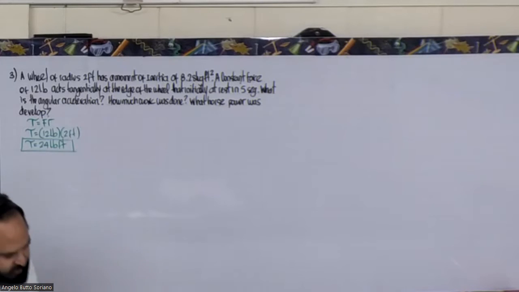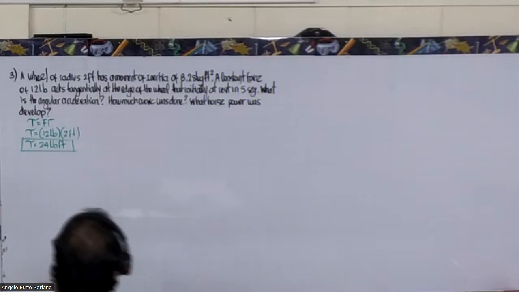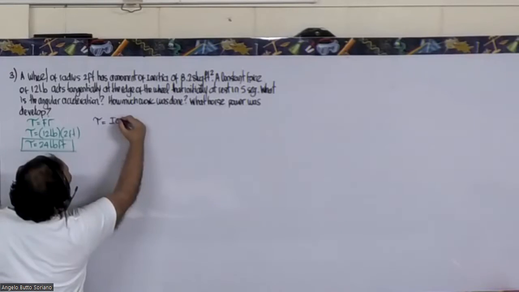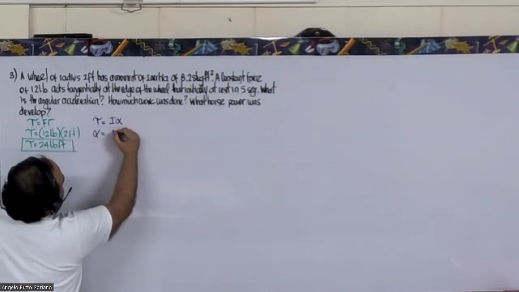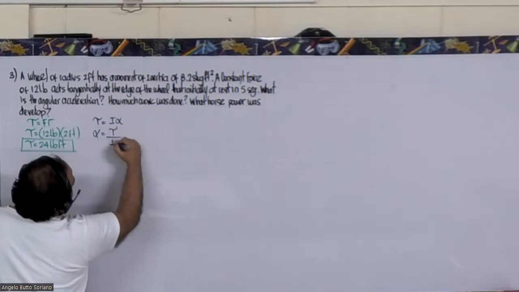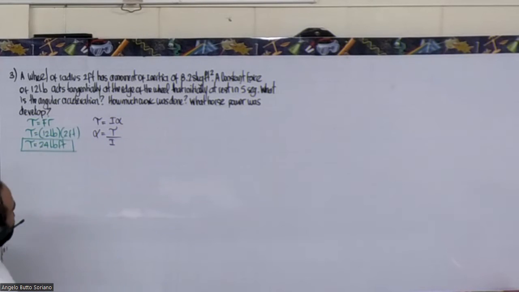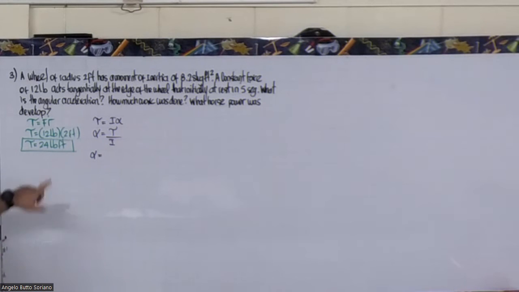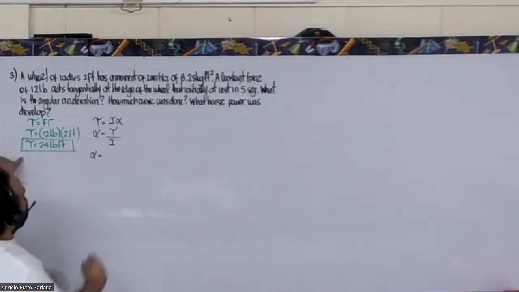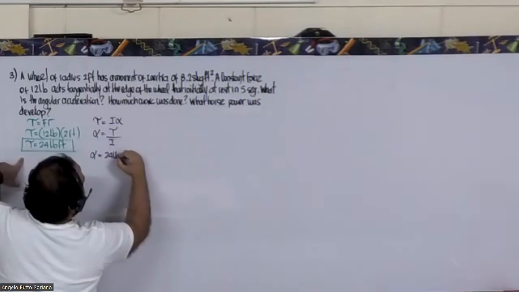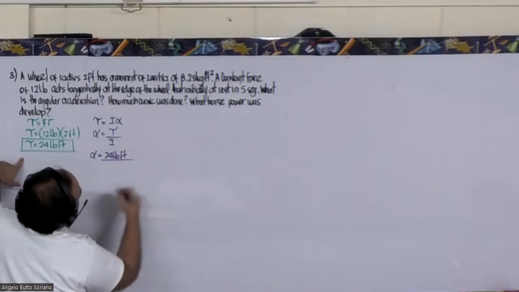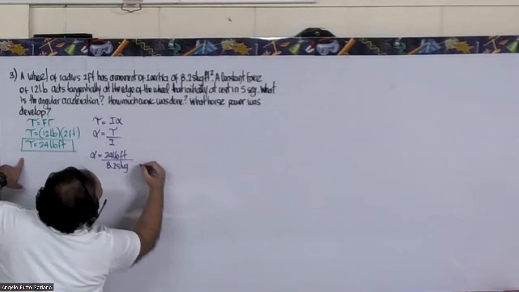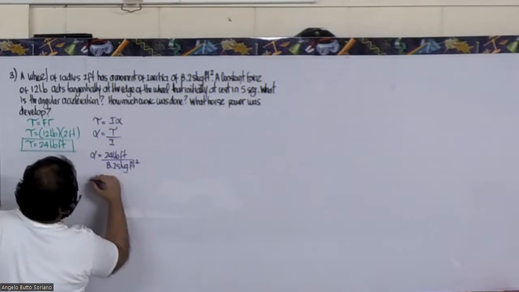The second step, we can try to look for the angular acceleration. Remember, torque is given by iota times alpha. So alpha is torque divided by iota. Alpha is 24 pounds feet divided by 8.2 slug feet square.